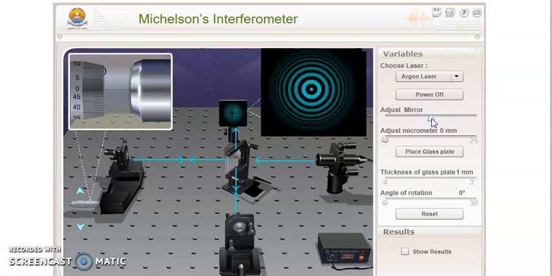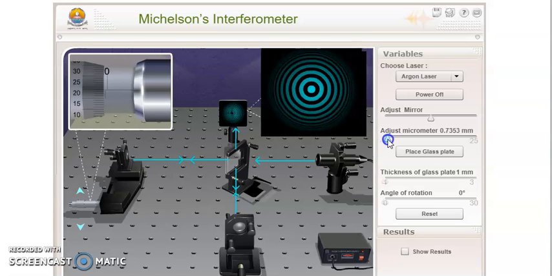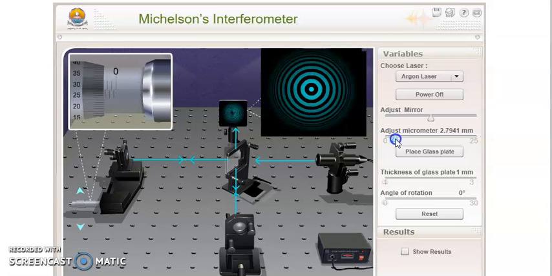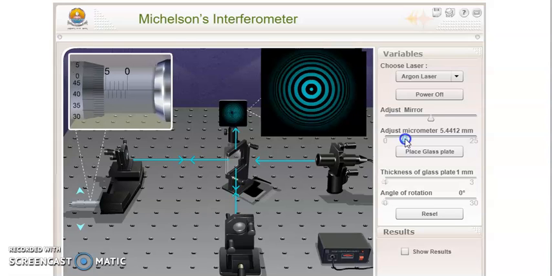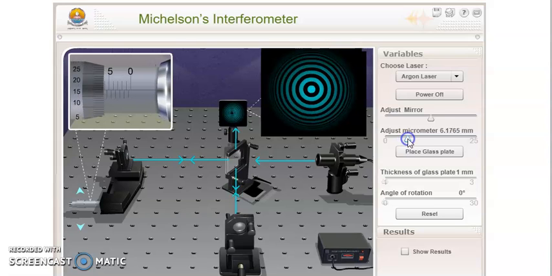Now we are going to adjust the micrometer reading. Initially, using the mouse, drag this micrometer reading and keep some value here. So this is the initial micrometer reading.